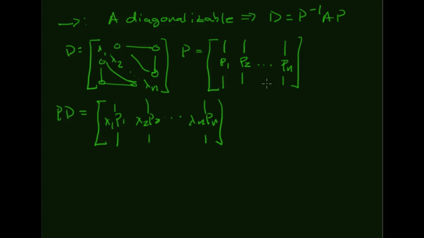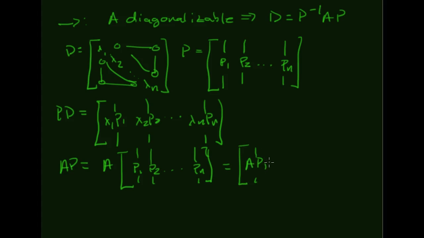All right, so we want to consider also A times P. If I take A times this P matrix with the P columns, then what we end up with is a matrix that has the columns AP1, AP2, out to APn.